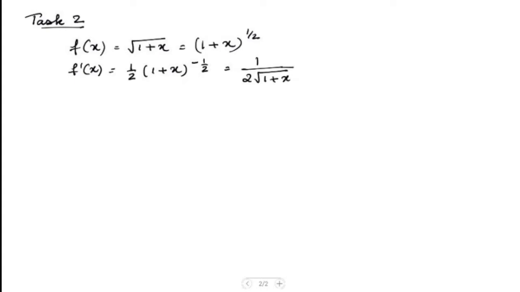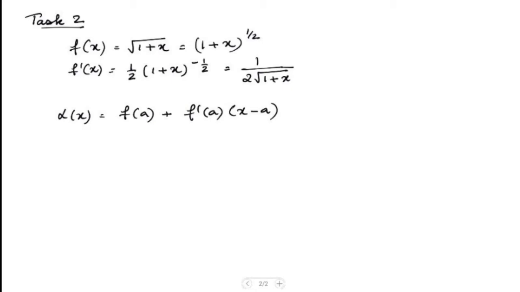Okay, now we have to find the formula for L(x) here, and generally we know that the formula is f of a plus f dash a times x minus a.